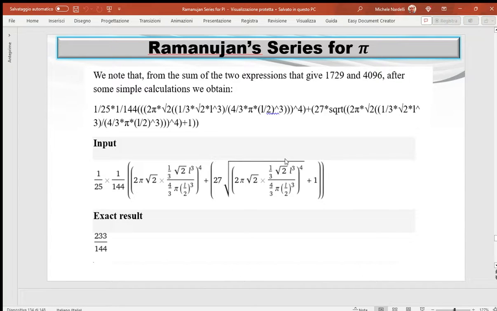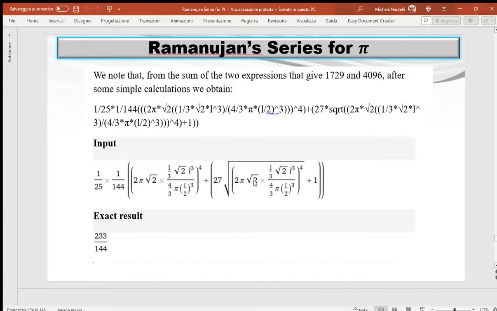Now, this is a fundamental expression. We note that from the sum of the two expressions that give 1729 and 4096, after some simple calculation, we obtain the following expression. This expression is equal to 4096. This expression is equal to 1729.